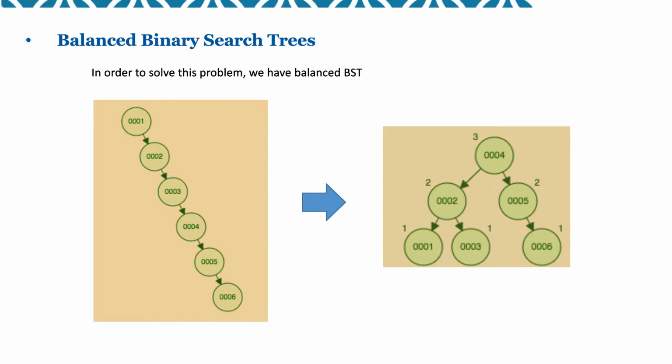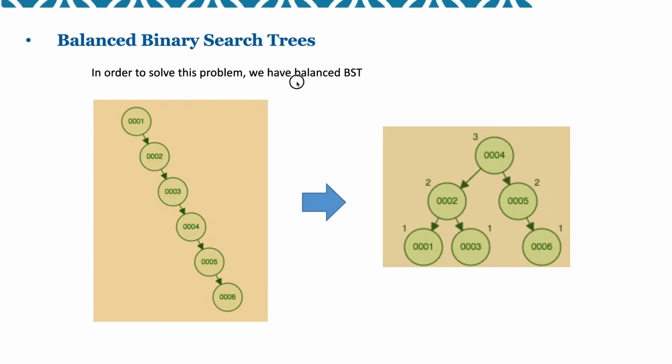So how to correct this? How to solve such a problem? This is how the AVL tree came into being, and the AVL tree, still remember, is a self-balancing binary search tree.